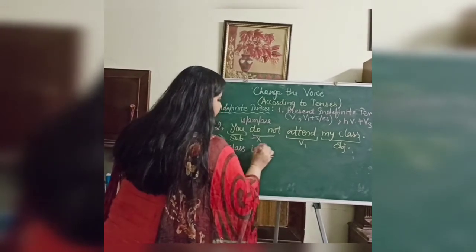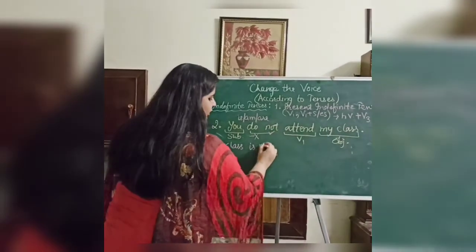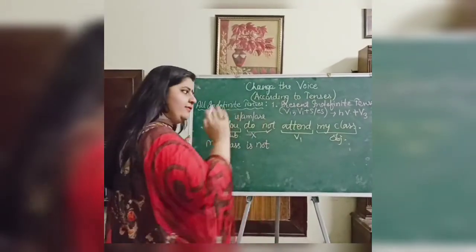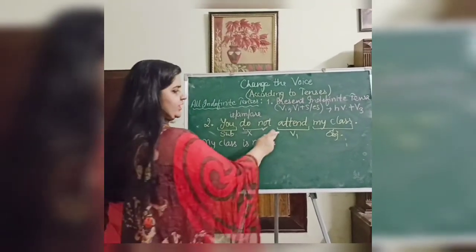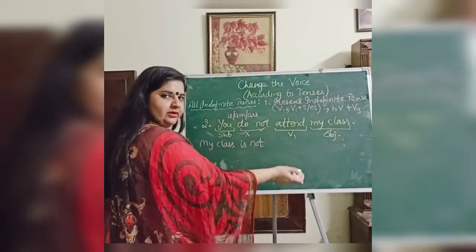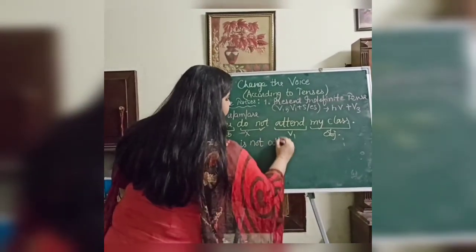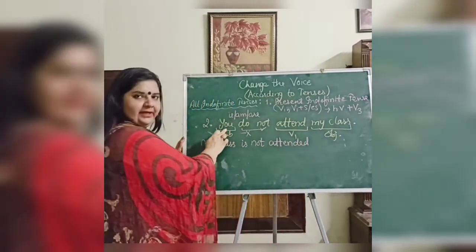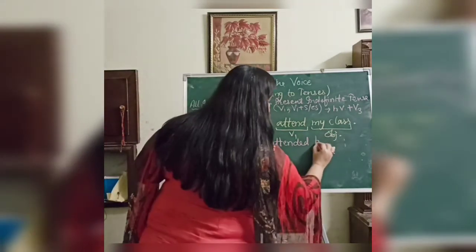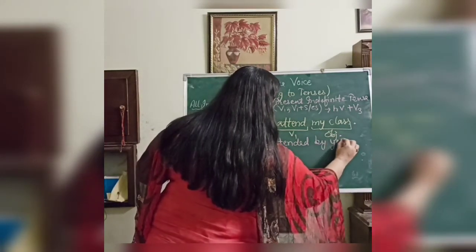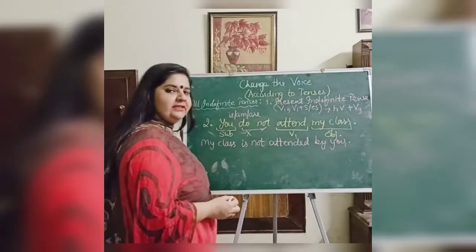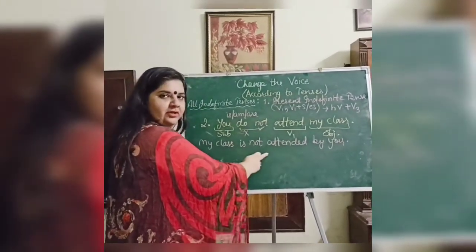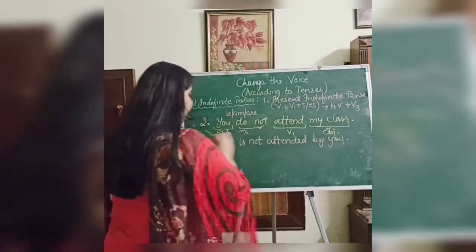My class is, then this, not. Now you know that in passive, every time we change this form of verb into the third form of verb. So in this case, it becomes attended by you. You remains you, whether it is in passive form or in active form. You do not attend my class. My class is not attended by you.